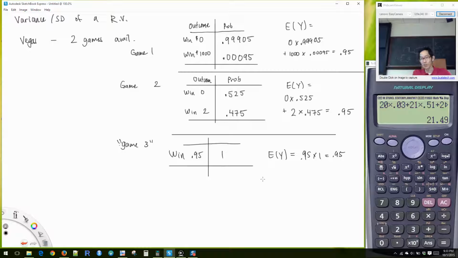Okay, so the variance here is equal to 0, and the standard deviation would also be equal to 0 because there's no variation in the outcome.